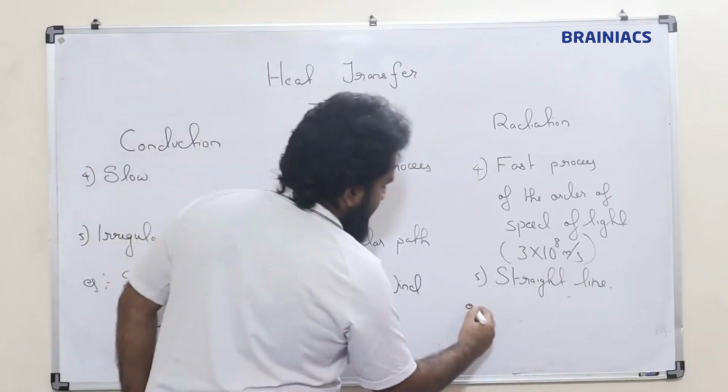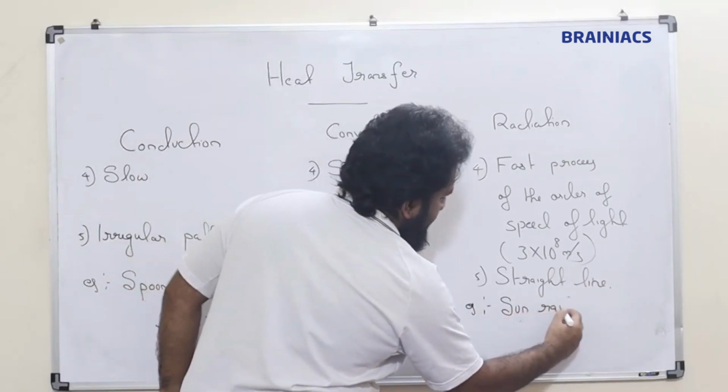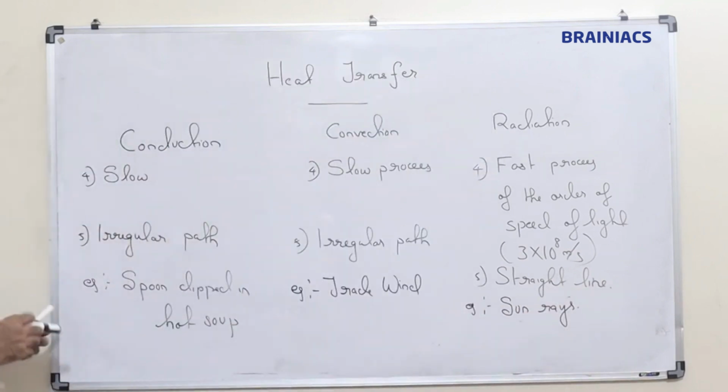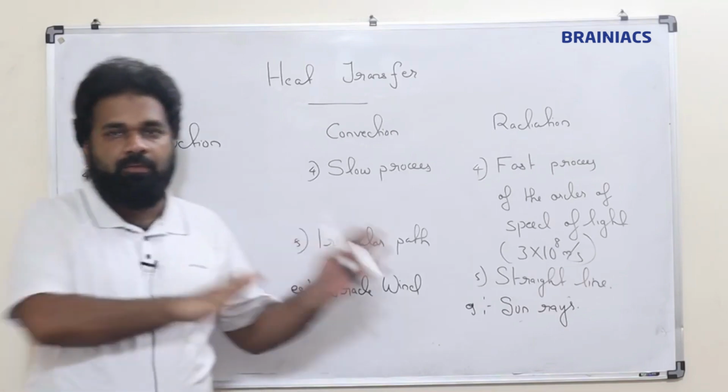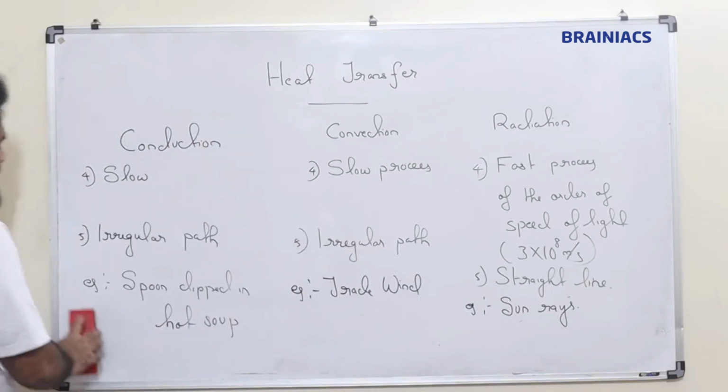Radiation example is sun rays. Sun rays come to earth. This is an example for radiation. Now this is a rough idea. We will move into the detail of this. Clear? Shall I erase this?